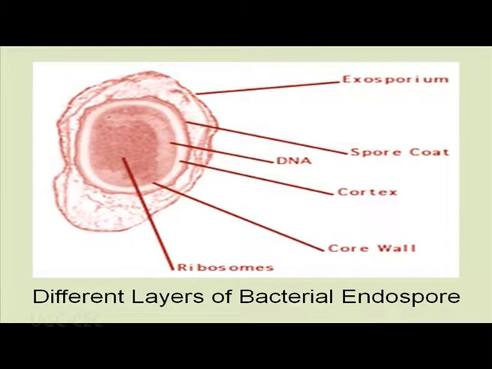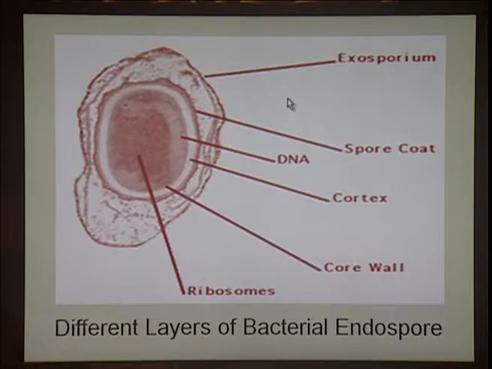So, what is this structure? This is a complete endospore which has a very thick wall which includes the exosporium. The exosporium, spore coat, cortex and the core wall are the primary layers, and in the exosporium you will mainly have protein and lipid. Protein may constitute up to 52% and lipid may be around 18%, which includes cardiolipin, with fatty acids in the order of say 16 to 18 carbon, and the protein will have different hydrophobic amino acids.